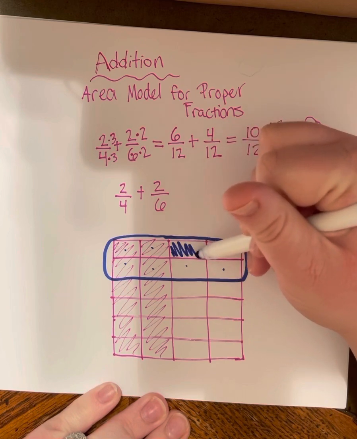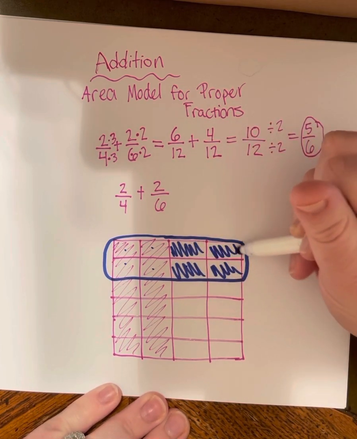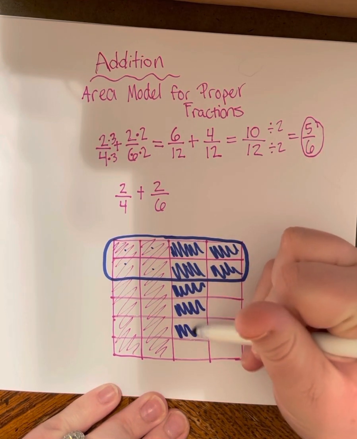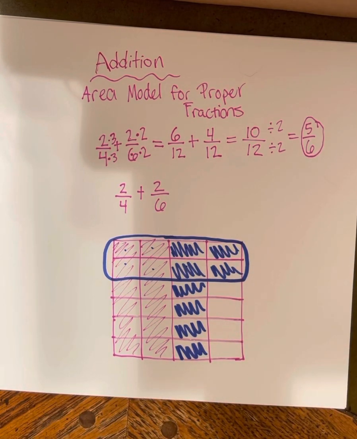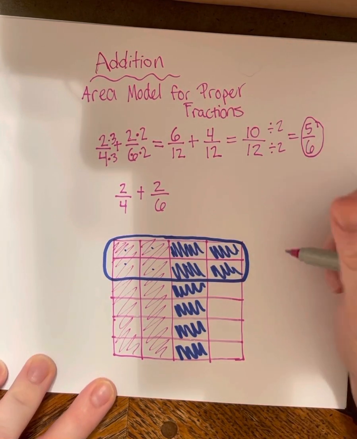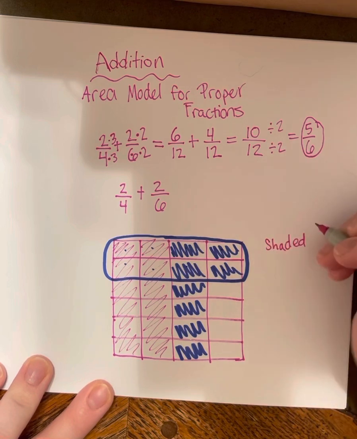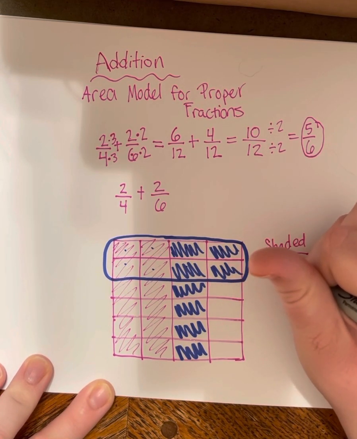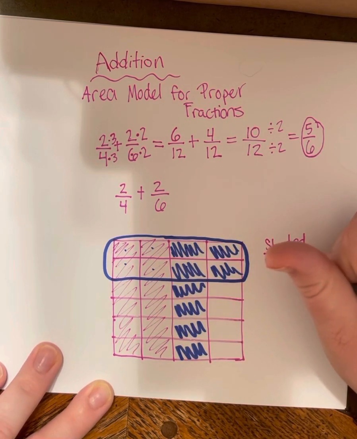So that's 1, 2, 3, 4, 5, 6, 7, 8. So that tells us that our answer is going to be the shaded blocks over the entire diagram.